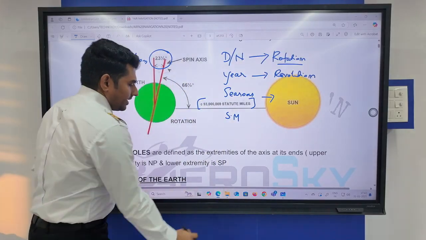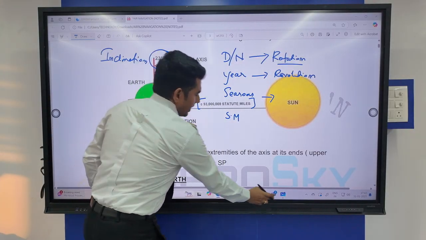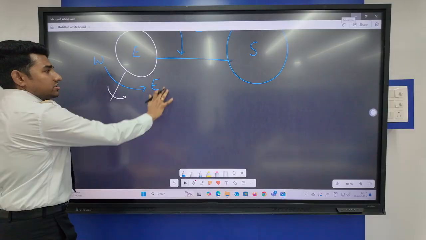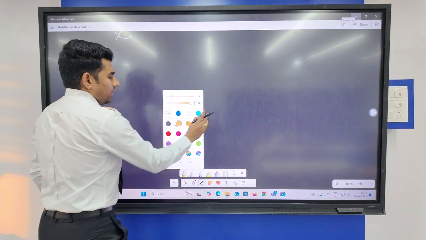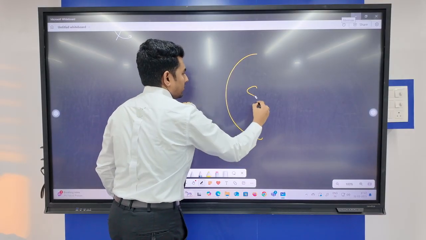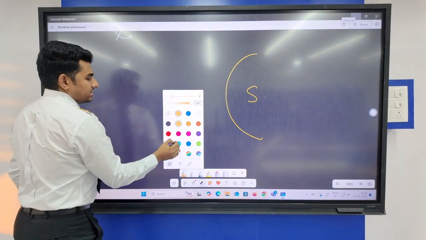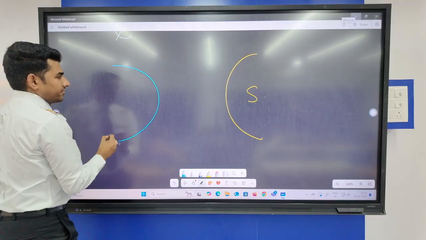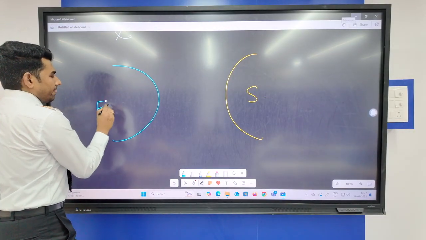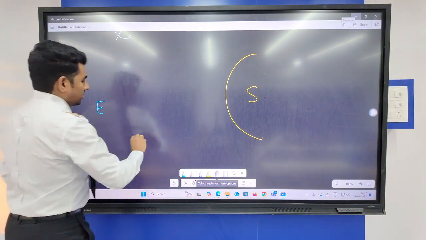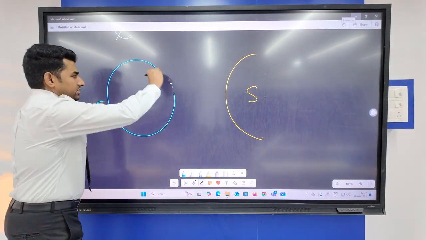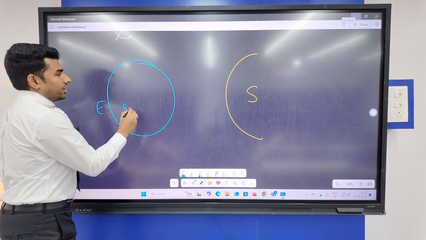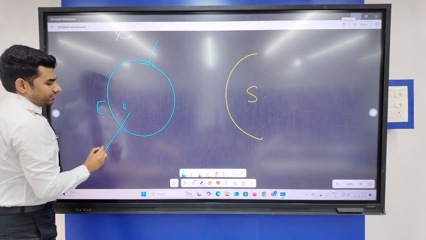Let me explain with an idea here. Understand the sun part. Let us say this is the sun, and let us say this part is the earth. Let me make a circular picture so that you have a basic idea. So this is the sun, the earth, and it is inclined.